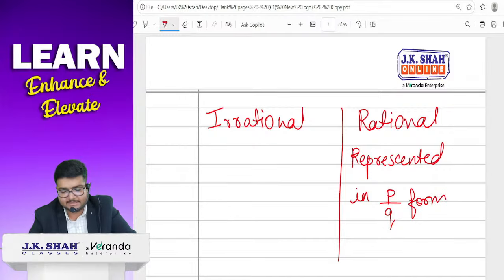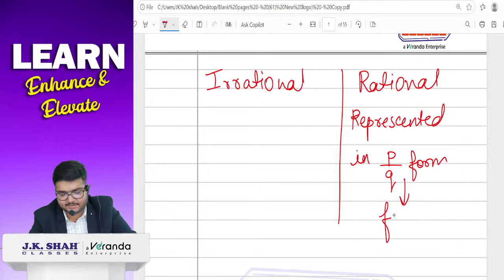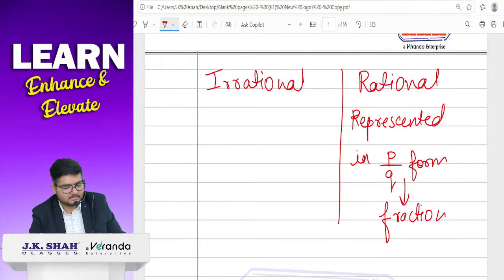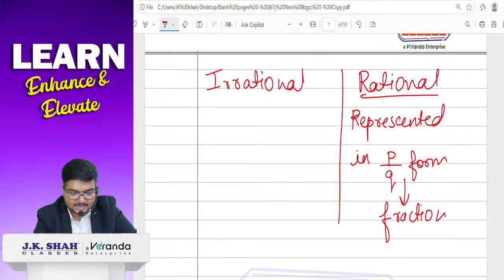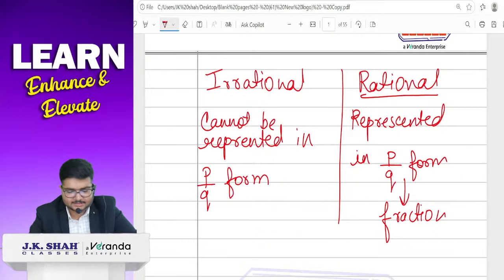Any number which can be represented in P upon Q form. Sir, what is P upon Q form? Nothing but fraction form. Any number which can be represented in fraction form is called a rational number, and any number which cannot be represented in P upon Q form is called an irrational number.